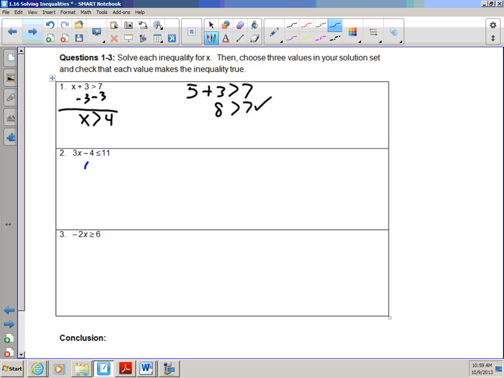The next one, I add 4. Divide by 3. X is less than or equal to 5. What value satisfies that? Again, 4 works.